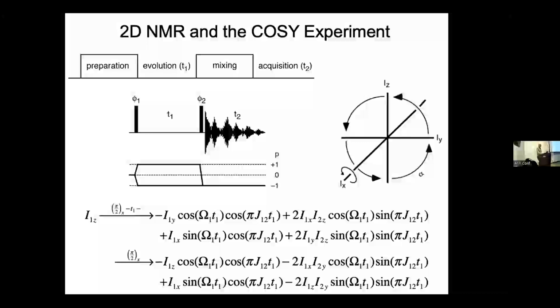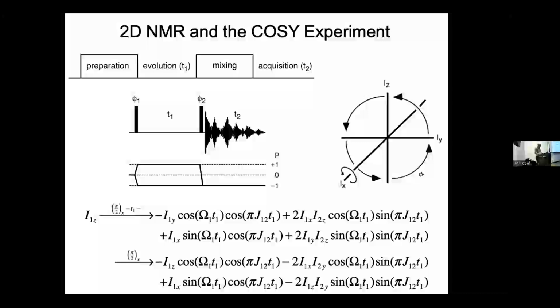And it doesn't evolve under the J coupling into anything else. We talked the other day about the fact that the J coupling just moves the double quantum levels up by the same amount and moves the zero quantum levels down by the same amount, so that the zero and double quantum coherences aren't affected by the J coupling.